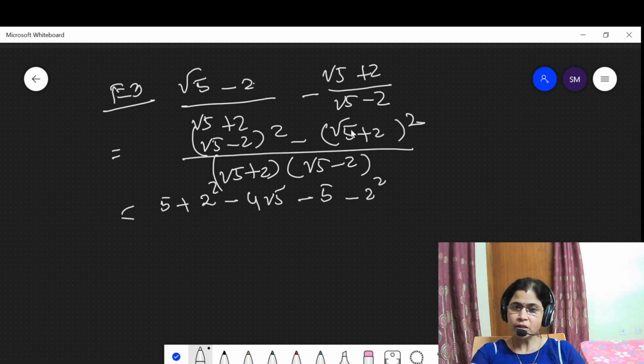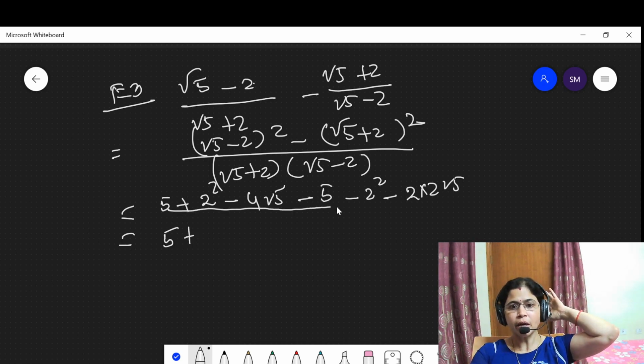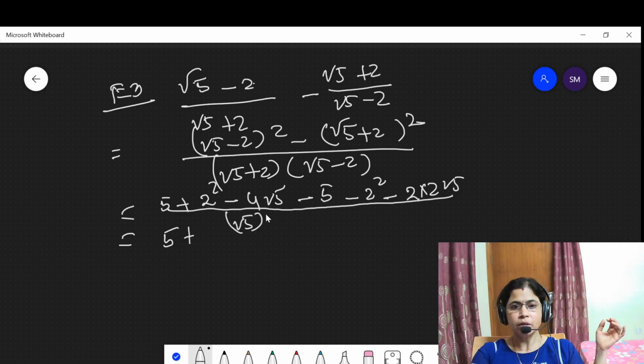Here there is a minus sign, hence the signs will be changed. Root 5 square is 5, minus 5; 2 square is 4, minus 4, and minus 2 into 2 root 5, which is 4 root 5. The denominator is a plus b into a minus b, which is a square minus b square.